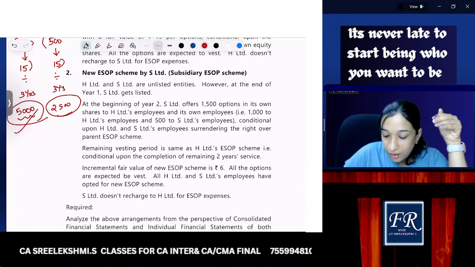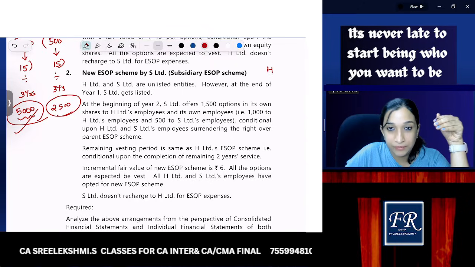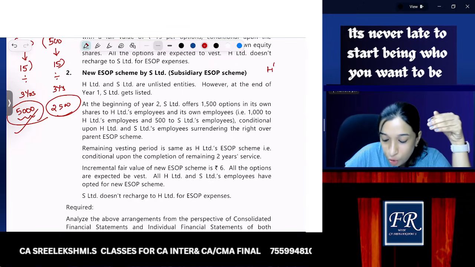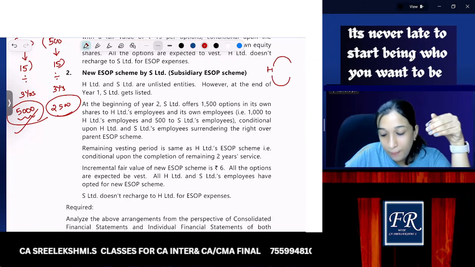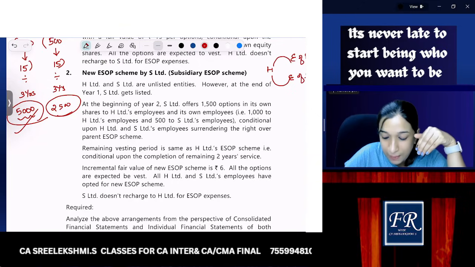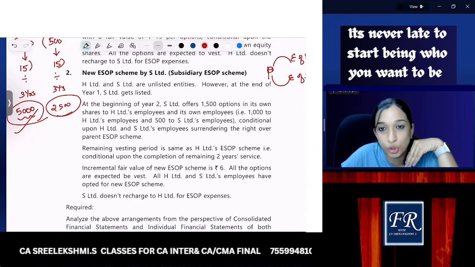See, it was the holding company originally that decided to issue shares to employees of the parent and also employees of the subsidiary. It was the parent company who originally decided to settle the ESOP scheme.